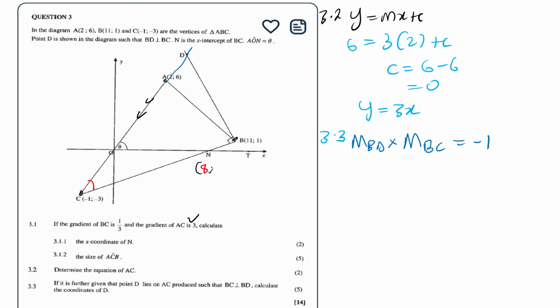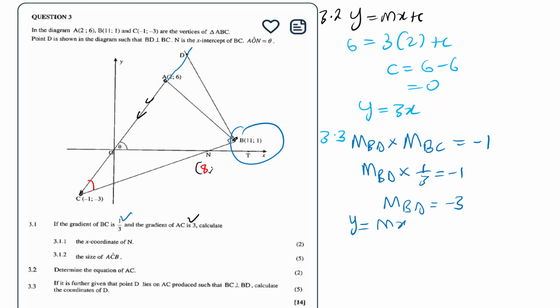Therefore, the gradient of BD multiplied by the gradient of BC, which is 1 over 3, must give us -1. Therefore, the gradient of BD is equal to -3. We can use point D to find the equation for BD. Now y is equal to mx plus c, right?